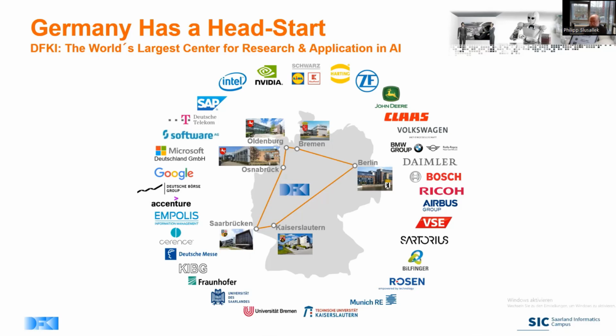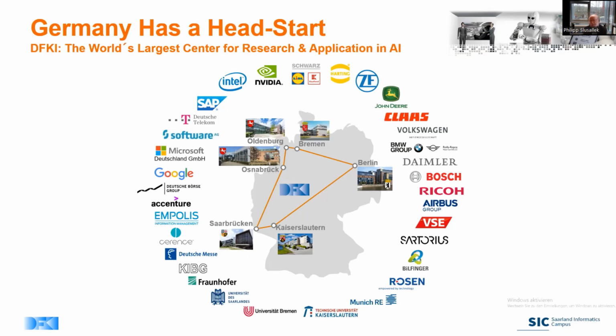You see this here: Google, Microsoft, SAP, Intel, NVIDIA, many other of the big IT companies. We have many smaller ones as well. We have the agricultural domain, the retail domain, finance and insurance, and many others. In that sense, we cover the area of applications very well.